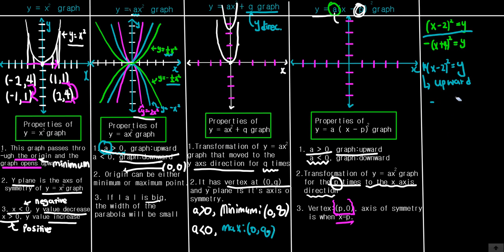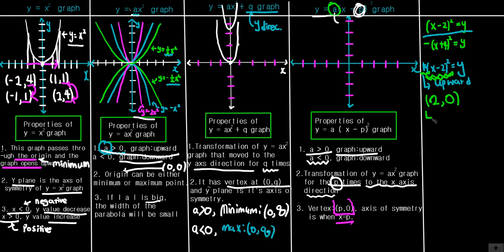So that means there will be no negative value. We know that the vertex is going to be the minimum value, and that only happens when the y value is equal to 0. For this term, the vertex is going to be when the x value is equal to 2, so this term turns to 0 and we get a y value equal to 0.